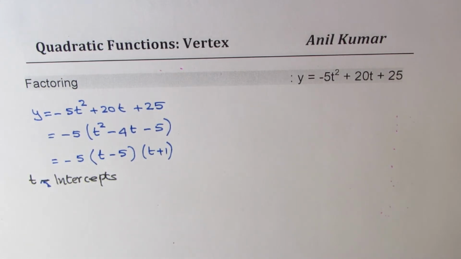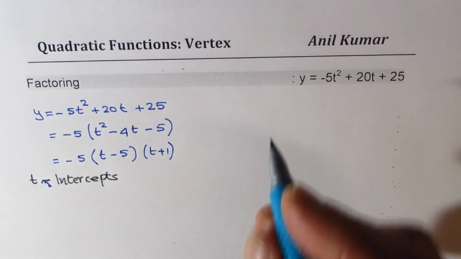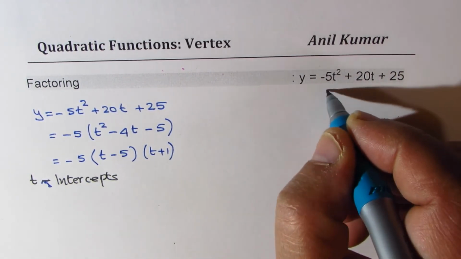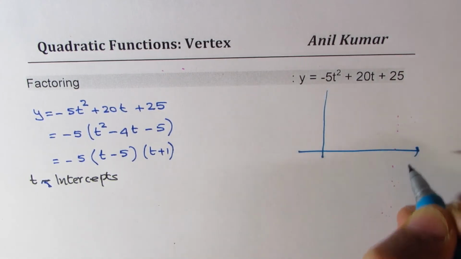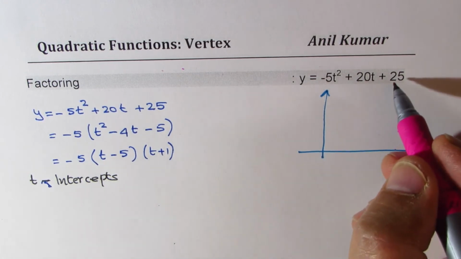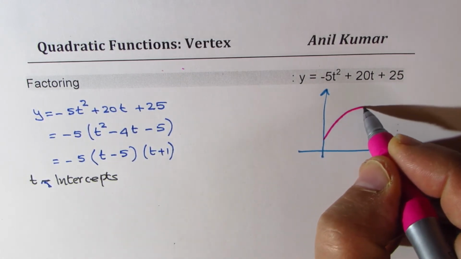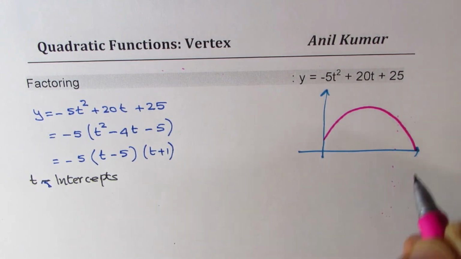If I sketch this parabola, what do I get? Let me just sketch it here. The y-intercept is 25, so it is something like this, right? And it falls kind of like this.